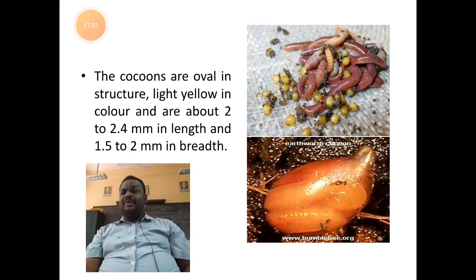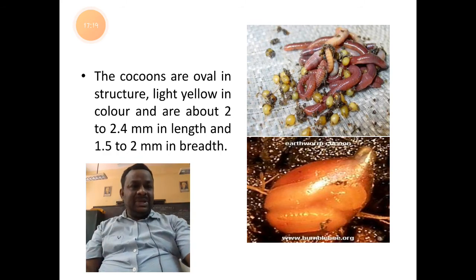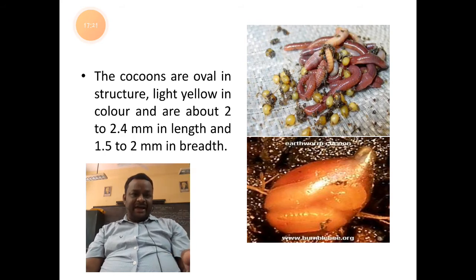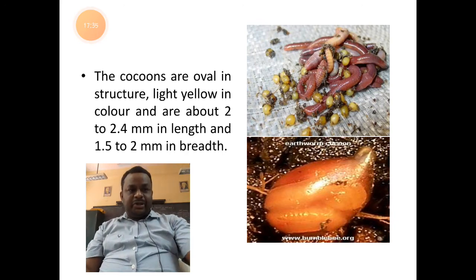Cocoons are laid during August and October months in damp situations or damp soil. In about 8 to 10 weeks, the embryo hatches from the cocoon as a small tiny earthworm. So, here in the picture the upper diagram shows earthworms with the cocoons, which appear like beads, and below is the structure of cocoon in magnified resolution.